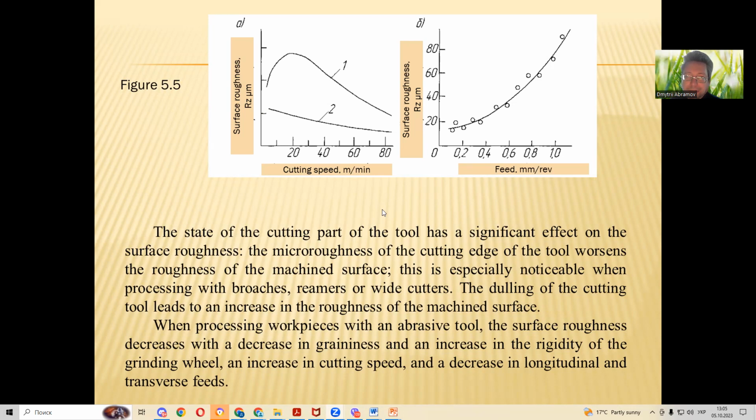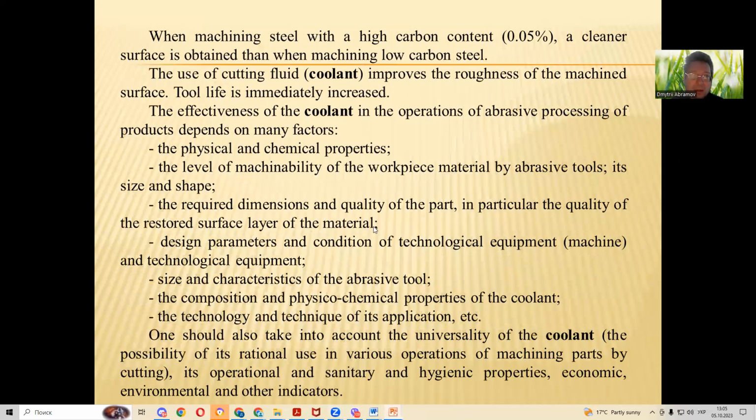When machining steel with a high carbon content, 0.05%, a cleaner surface is obtained than when machining low carbon steel. The use of cutting fluid coolant improves the roughness of the machined surface.